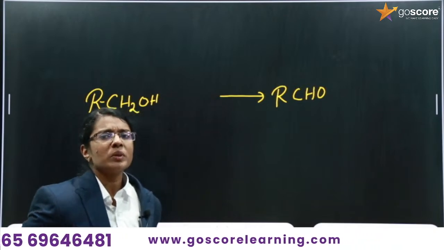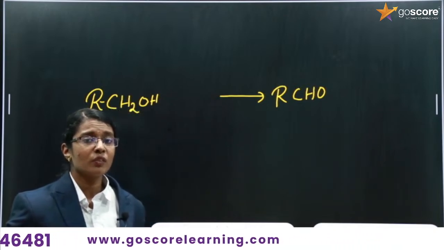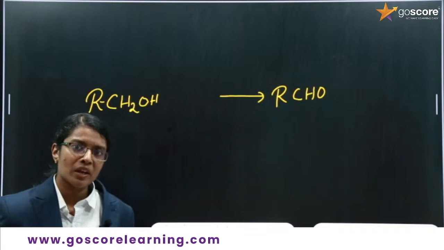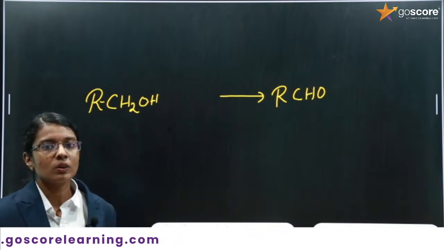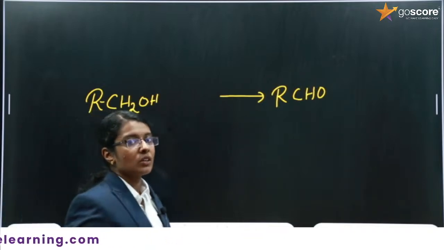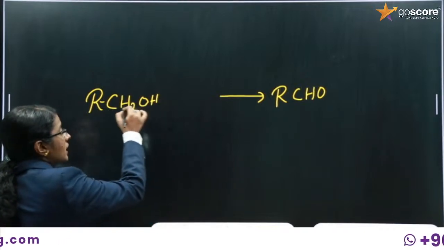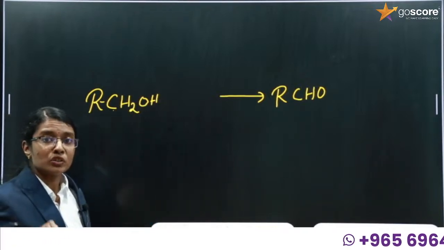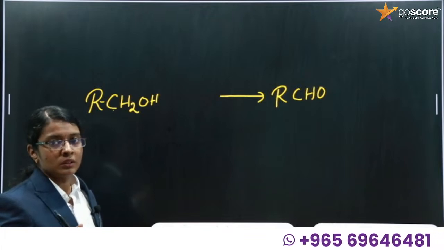So what do you mean by primary alcohol? How will you know whether it is a primary alcohol or a secondary alcohol? If it is a primary alcohol, the carbon attached to the OH group will be attached to only one alkyl group.